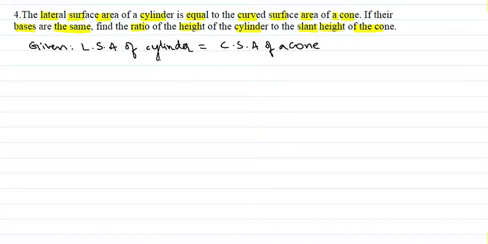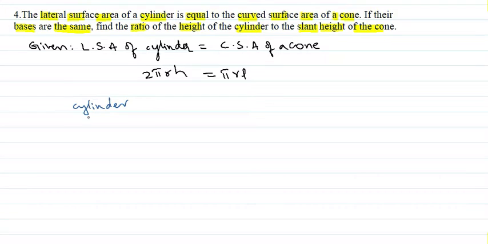So what is the formula to find the LSA of the cylinder? That is 2 pi r h, which is equal to the curved surface area of the cone formula, pi r l. Now we are going to find the ratio of the height to the slant height of the cone, and here their bases are same. So now I am going to write the dimensions for the cylinder and cone.